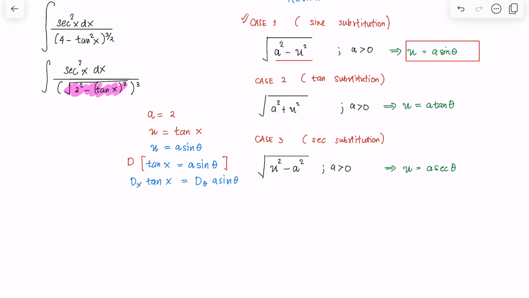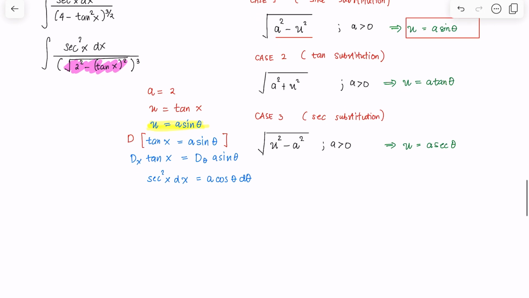Recall your basic differentiation. The derivative of tangent of x is simply secant squared of x dx, and the derivative of the right-hand side, a sine theta, is simply a cosine theta d theta. I'm going to highlight this portion because it is very important later.